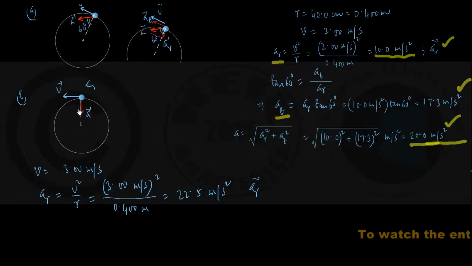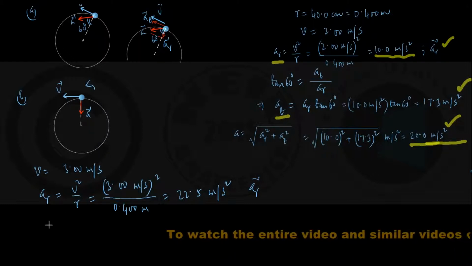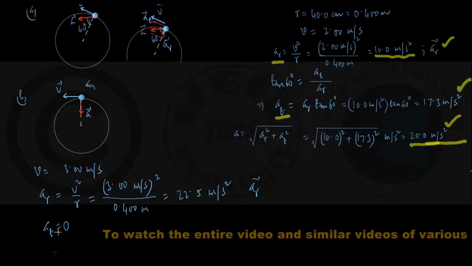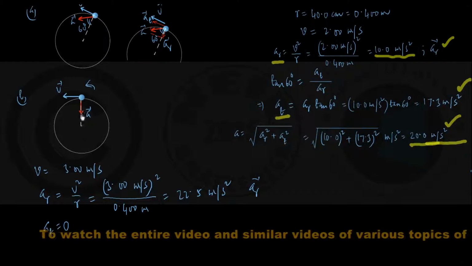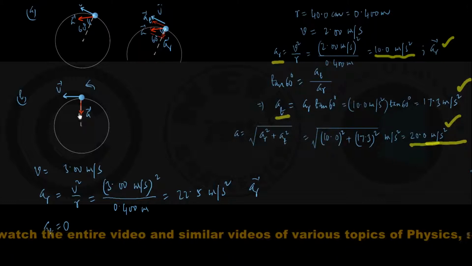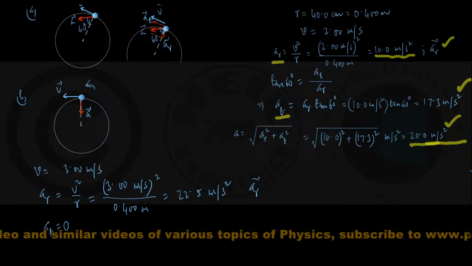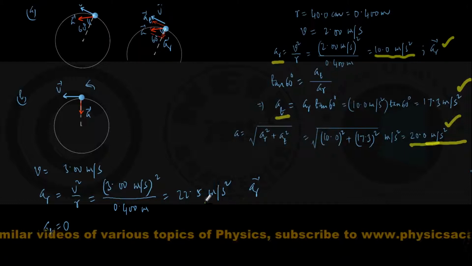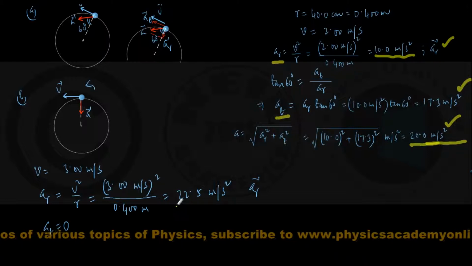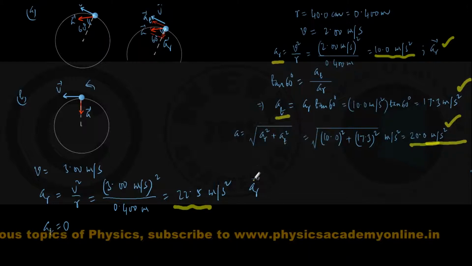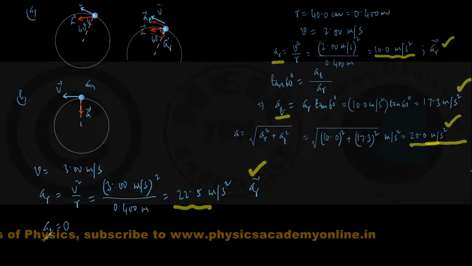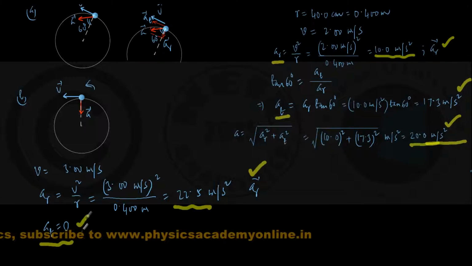If you remember the parallelogram law of vector addition, only if the other component, that is the tangential component, happens to be 0, only in that case will the radial acceleration and total acceleration both be directed towards the center of the circle. So our conclusion is that in case B, the radial or centripetal acceleration, whatever you call it, has this magnitude, direction radially inwards. Tangential acceleration is 0, which means the speed of the particle is not changing at this instant.